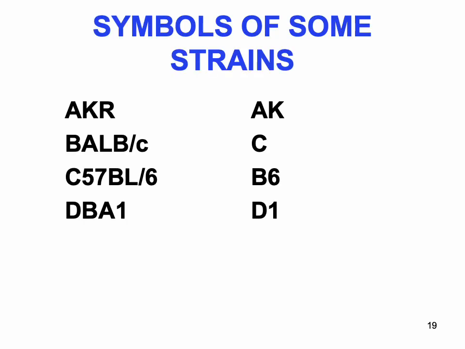So I give some symbols of some strains: the AKR can be given as the symbol AKR, the BALB/c as C, C57BL/6 as B6, and DBA, diluted brown agouti, this is the abbreviation, 1 is D1.